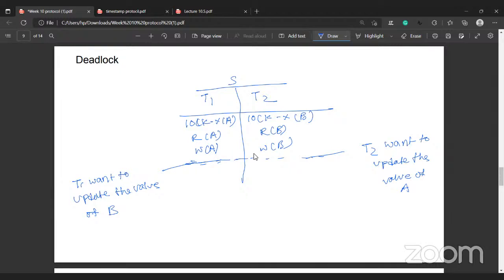So T1 will wait for the lock on B to be released by T2, and T2 will also wait for the lock on A to be released by T1. So two transactions are waiting, right? T1 is waiting for B and T2 is waiting for A. So in this situation, deadlock will occur, right? Everyone got it?